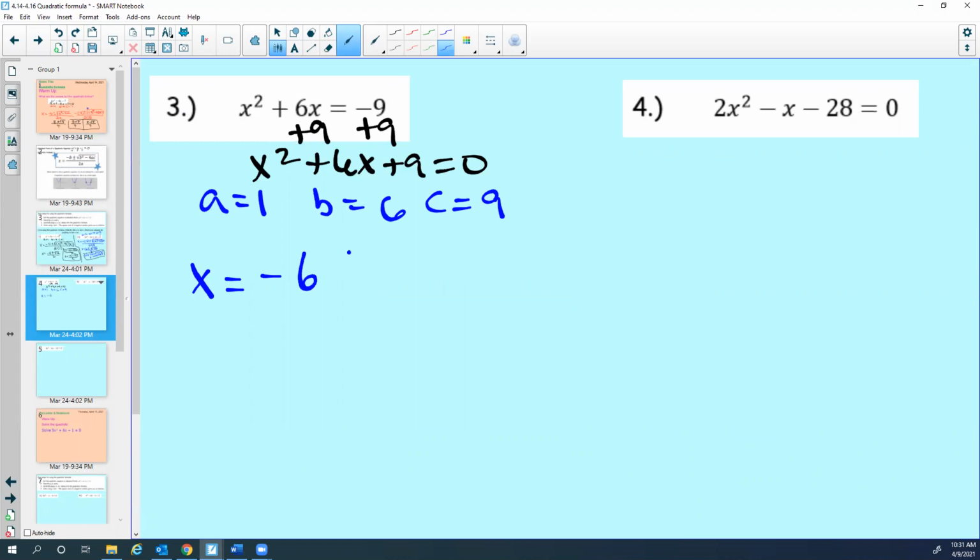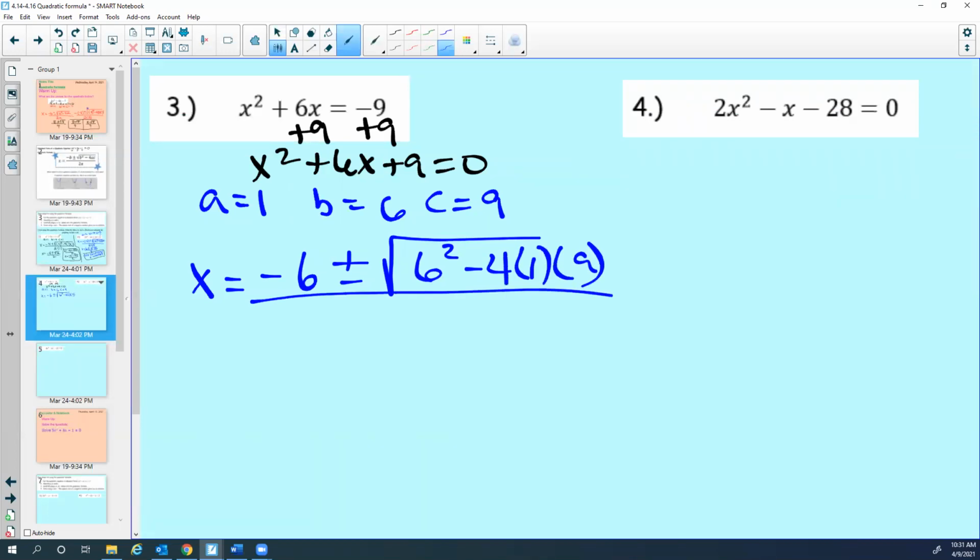Negative B plus or minus the square root of B squared minus 4AC all over 2 times A. All right, so in my calculator, I'm going to put 6 squared, which is 36, minus 4 times 1 times 9. And that gives me 0.